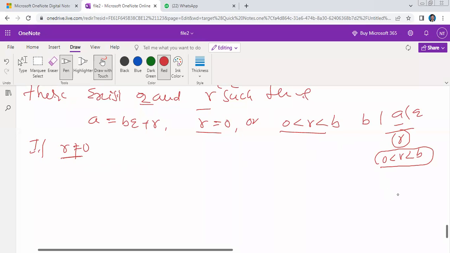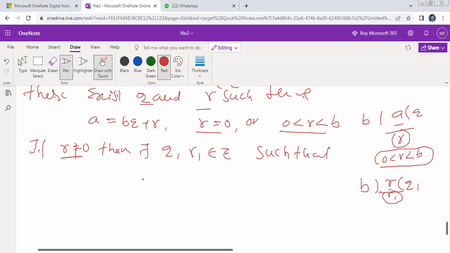When r is not equal to 0, now we divide b by r. If r is not equal to 0, then there exist two numbers q1 and r1 in Z, where the remainder is r1.